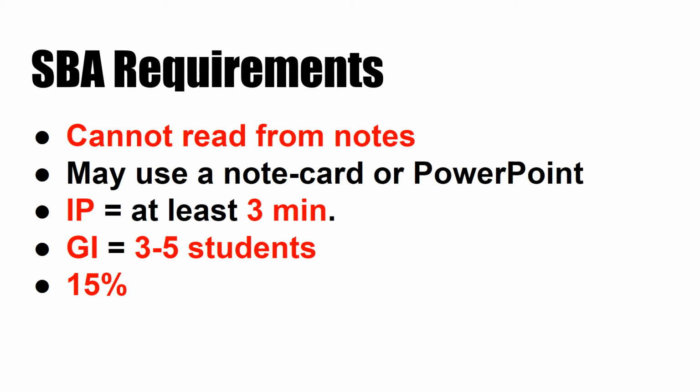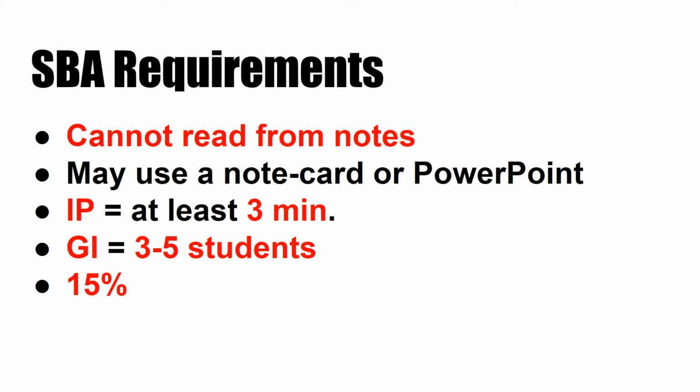When you make an IP, the individual presentation, it has to be at least 3 minutes. All right, so it's 3 to 5 minutes. And if you decide to do a group interaction, a GI, you can get 3 to 5 friends together and do a group discussion.